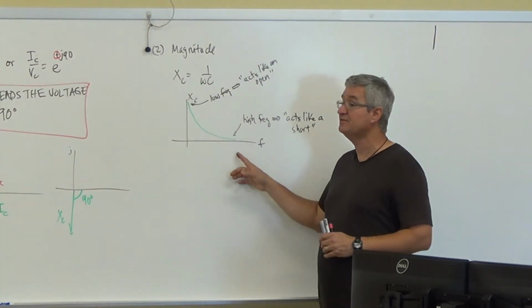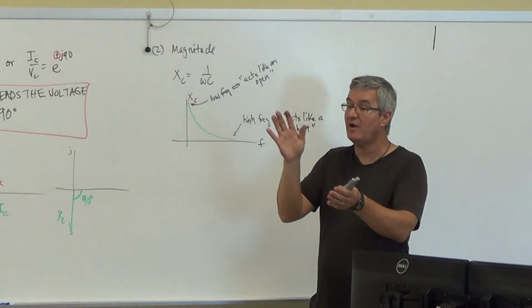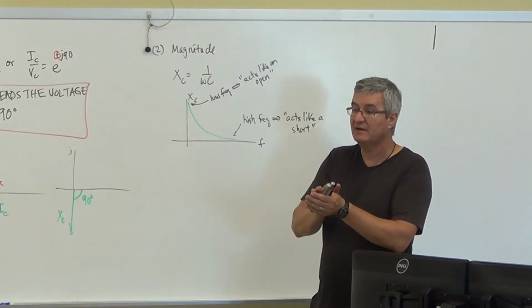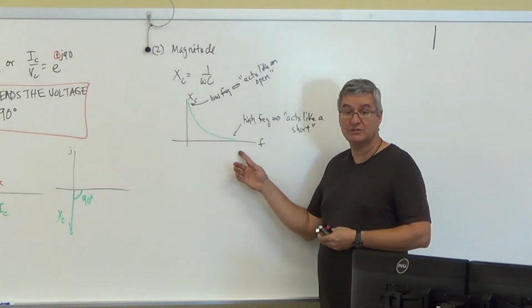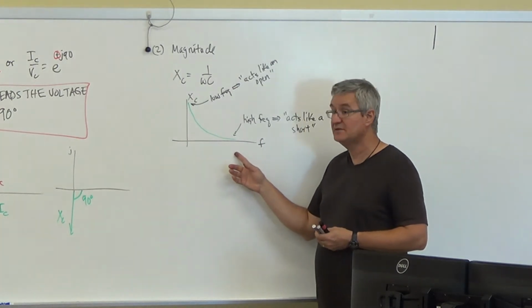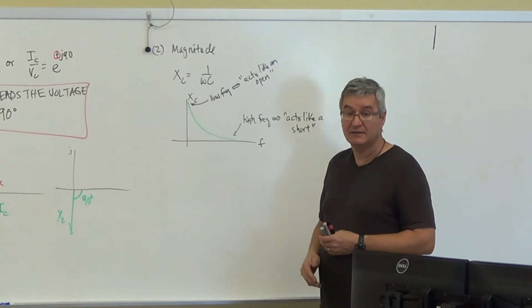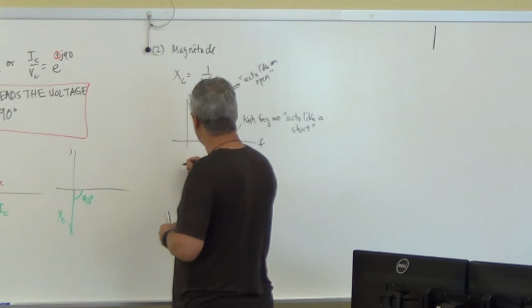If I increase the frequency in such a way that I never allow current to flow onto the plates, then there's no voltage drop across the plates, so it does nothing.